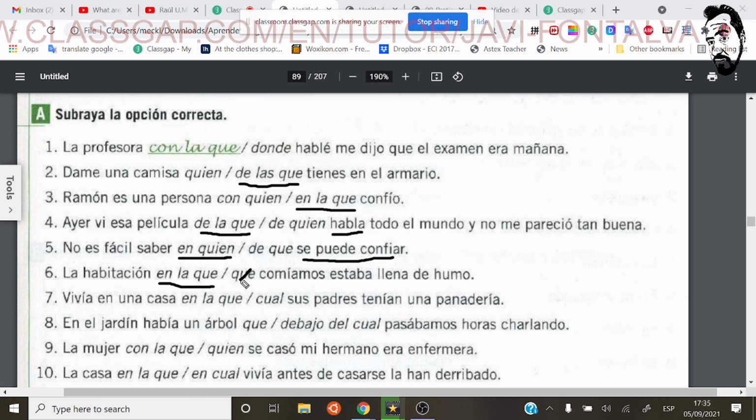So la mujer a la que vimos en el museo era una pintora famosa. With some verbs, I think I mentioned this a long time ago, you only need the preposition a when you're talking about a living thing, a person, basically. For example, mirar is one of those verbs.